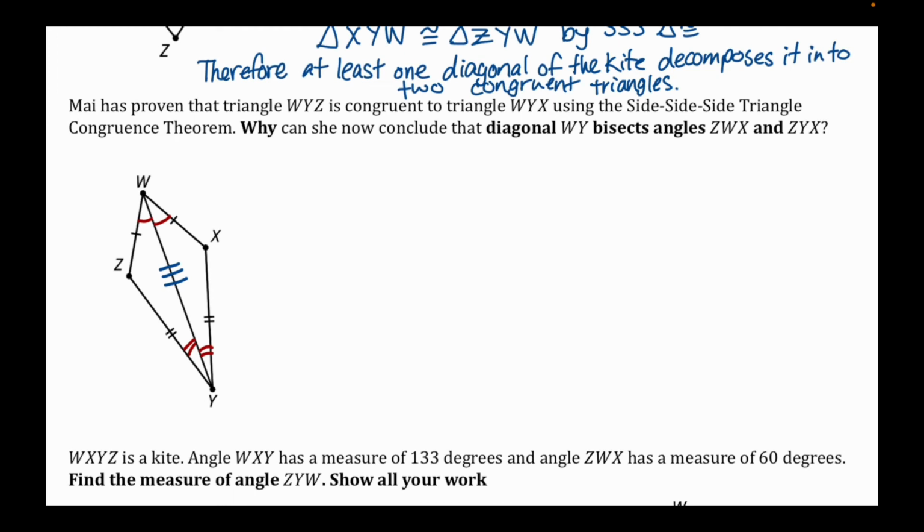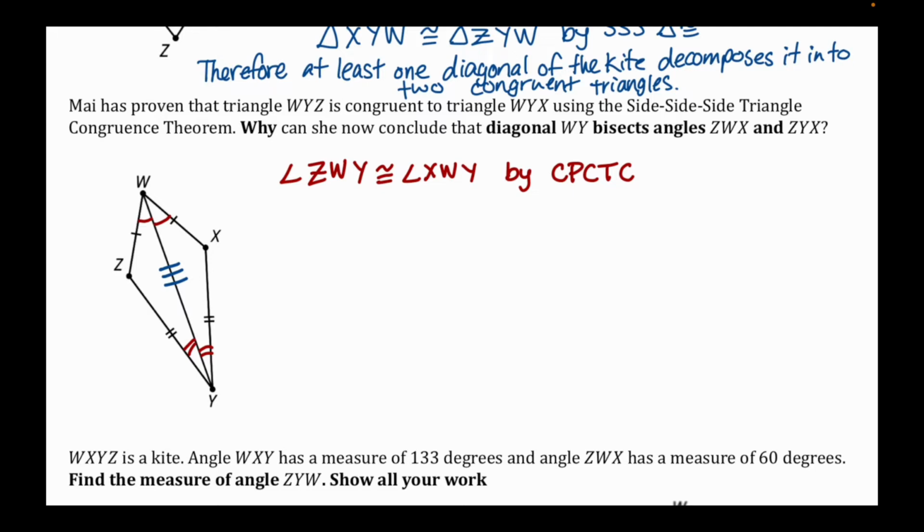So we can say angle ZWY, so I'm starting with the ones at the top, is congruent to angle XWY by CPCTC, which is corresponding parts of congruent triangles are congruent.